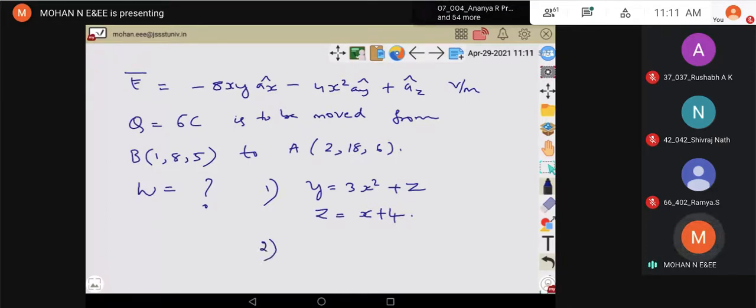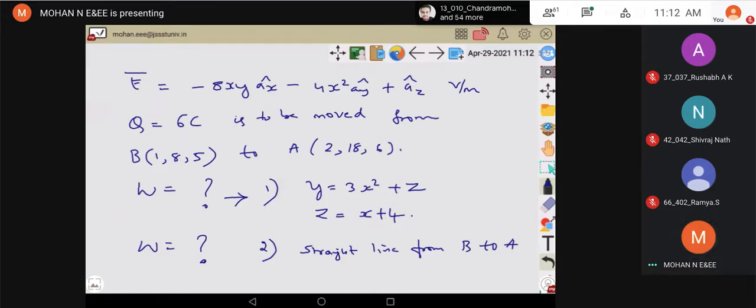Next, another path is given, a straight line from B to A. So you are supposed to find the work done when the path is this one, described by these equations, and also when the path is a straight line from B to A. So the electric field intensity is given, the charge value is given, and the coordinates of B and A are given, and you are supposed to find the work done in the path.